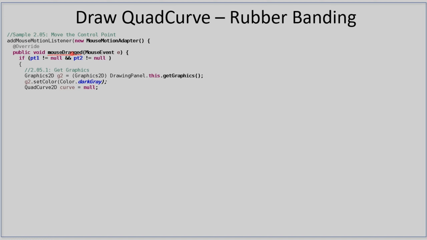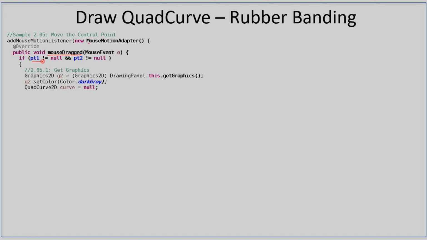We will use the WindowBuilder to handle the mouse motion adapter. We use the WindowBuilder to handle the mouse dragged event, and the WindowBuilder IDE plugin will create the mouse motion adapter. So once the skeleton is provided, we use point 1 and point 2.